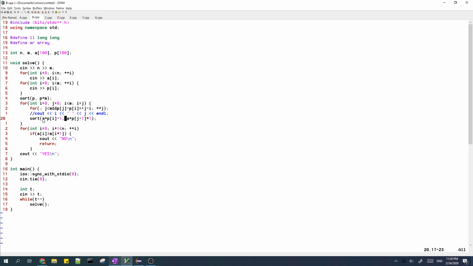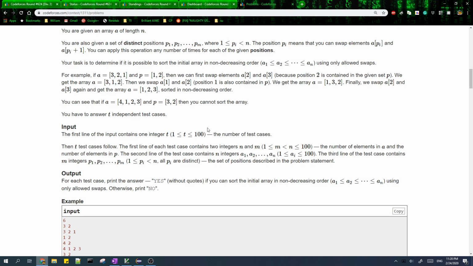Then I sort that range. After I process the first range, I set i equal to j to start from the next element. Then after I sort all of these ranges, I just check if the array is sorted. If it's not, then I output no, and otherwise it's yes.